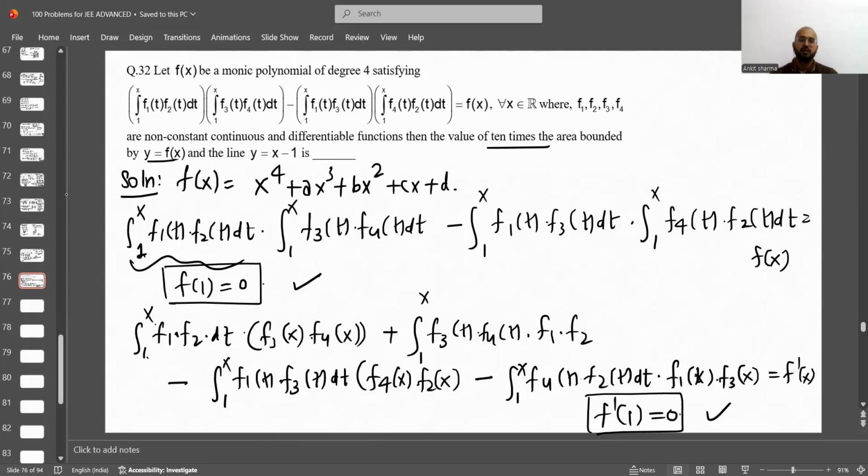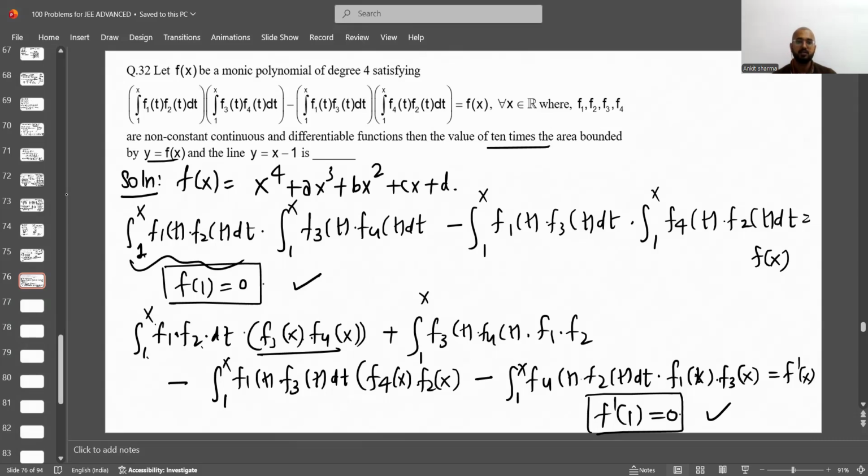Now, let's notice something here. If I differentiate it again, what will happen? This part will become u and this part will become v. I'll get f1, f2, f3, f4 in one of the parts, and the second part will have the integration followed by this thing. The same story happens here also: f1, f2, f3, f4, and then f3, f4 appear under integration.